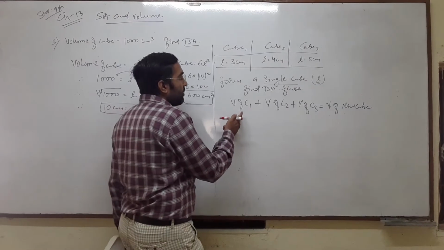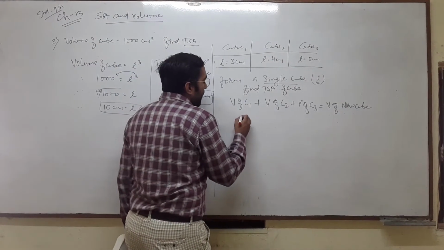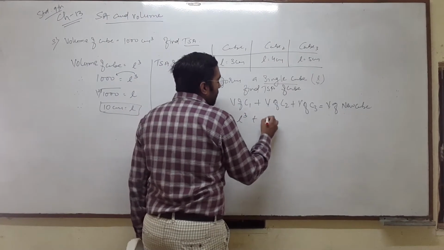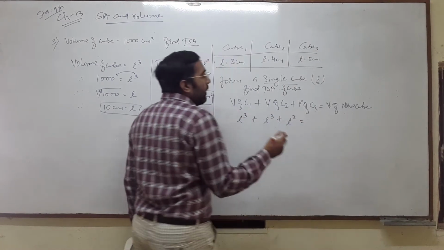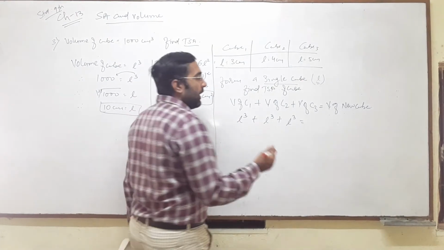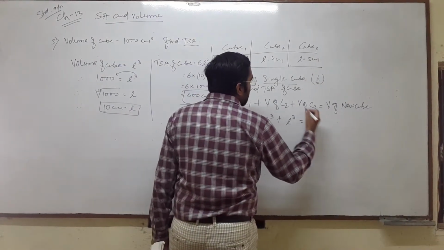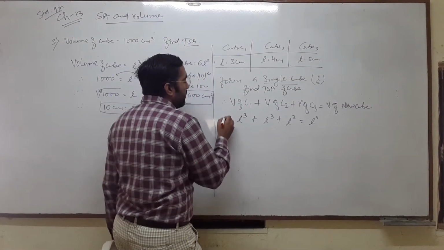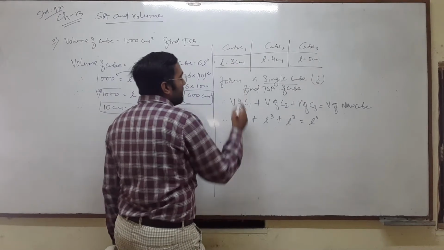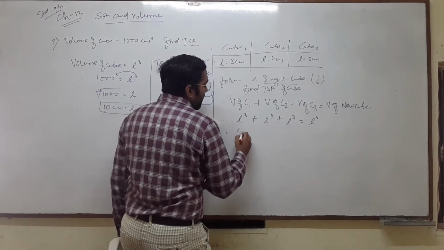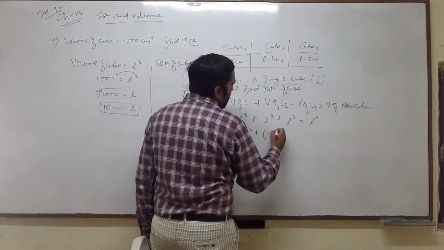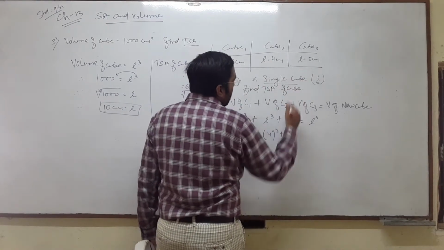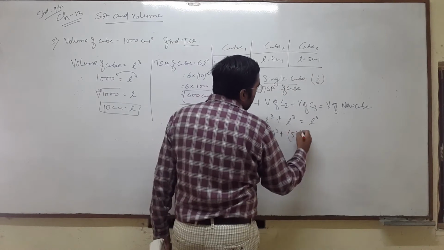So volume of first cube is L cube, volume of second cube is also L cube, and volume of third cube is also L cube, equal to volume of new cube, also L cube. For first cube my length is 3, that is 3 cube. For second one my length is 4, that is 4 cube. For third one my length is 5, that is 5 cube.